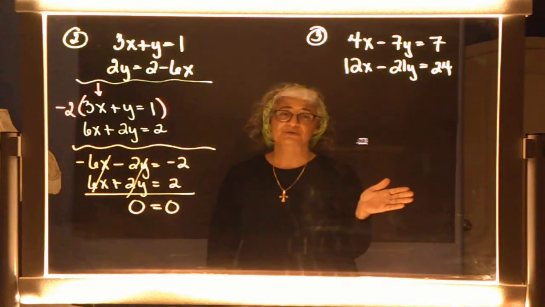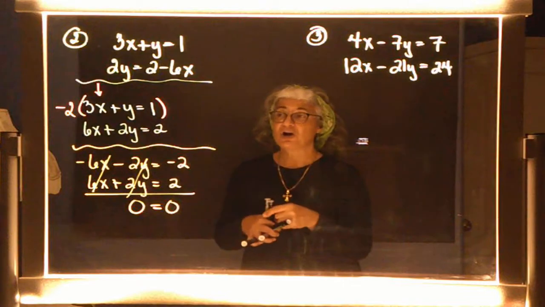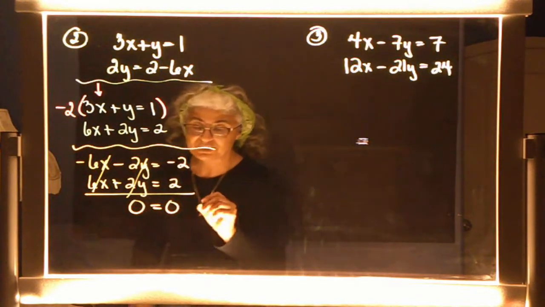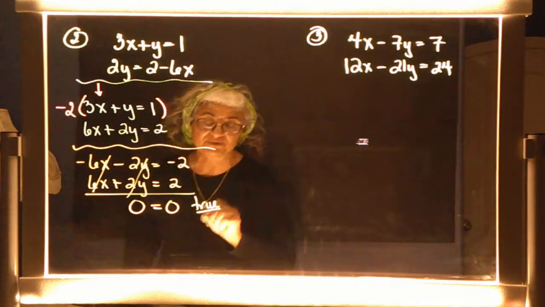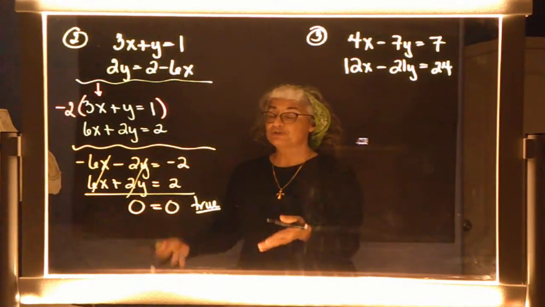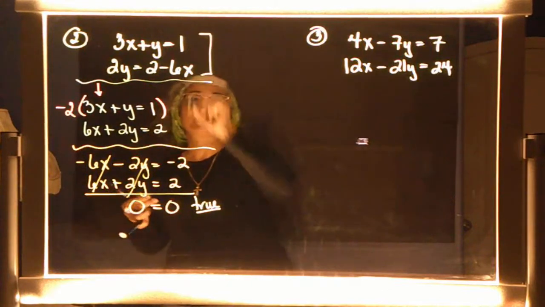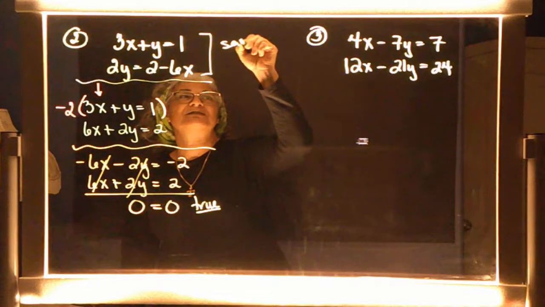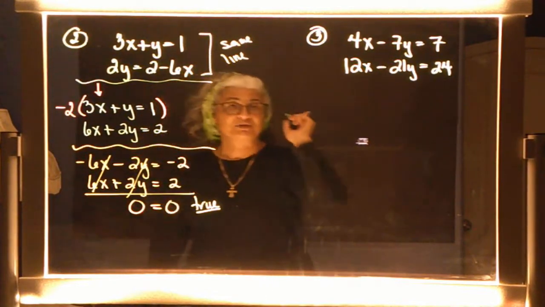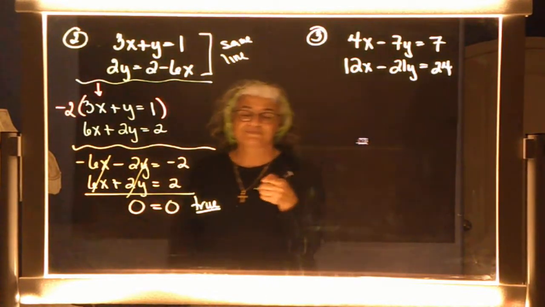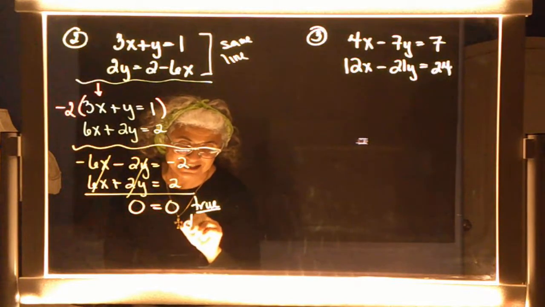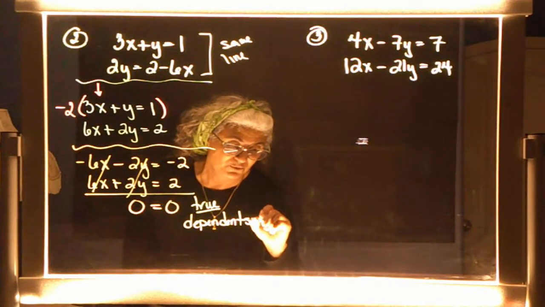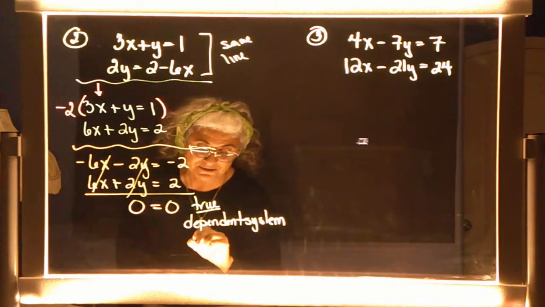If all your variables dropped out and you are left with a true statement because 0 does equal 0, then these lines, when you graph them, are the same line. Which means this is what kind of system? Yes, this is a dependent system with an infinite number of solutions, right?